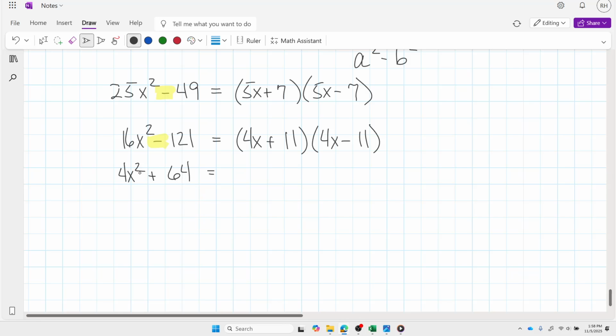In this case, you can only factor out the 4. You're not going to get two binomials out of that because you have a plus sign in between. So in this case, we would just factor out a 4, and you would have x squared plus 16. So if there's a plus between the two perfect squares, just try to take out the GCF. You can't factor it into two binomials. Questions?